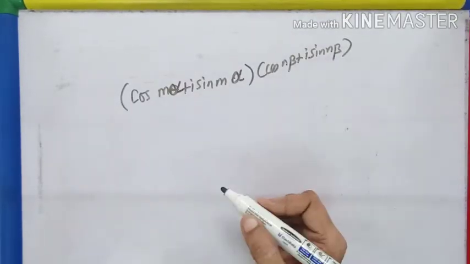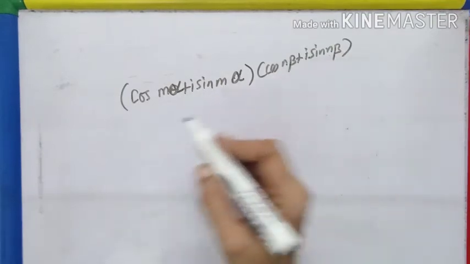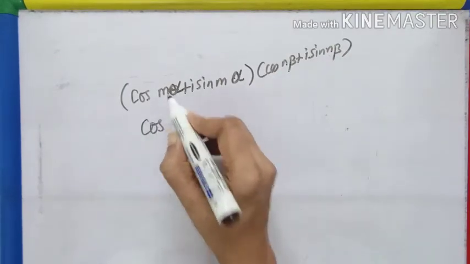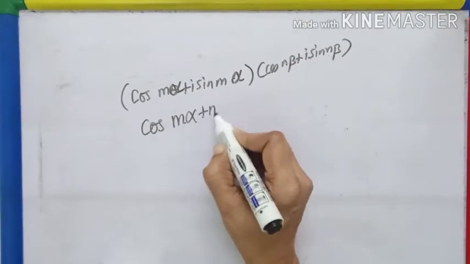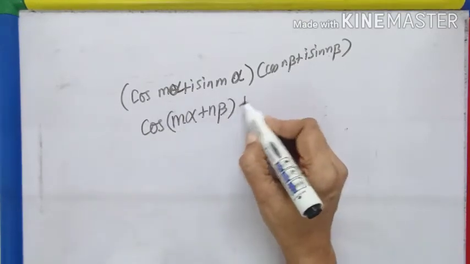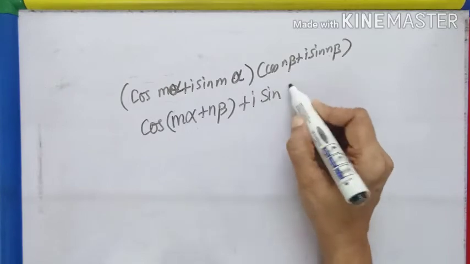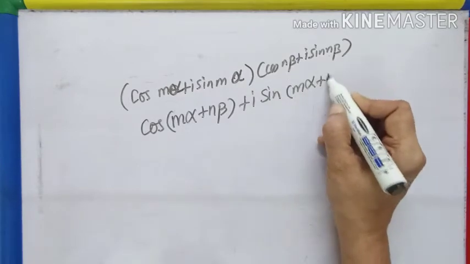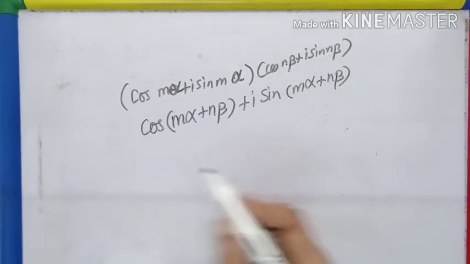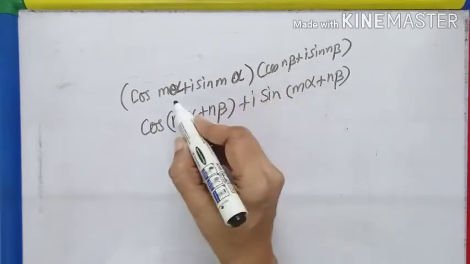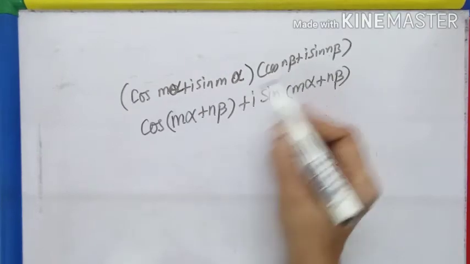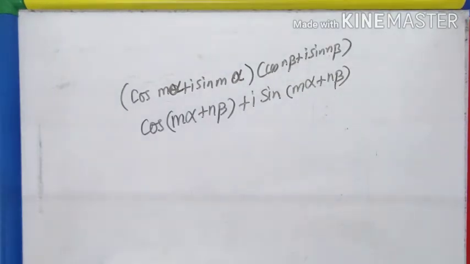How do you multiply? If I want to multiply, I will remember: add the arguments, cos(mα + nβ) + i sin(mα + nβ). So it's a pattern that we have to remember. When we multiply two complex numbers in polar form, add the arguments.